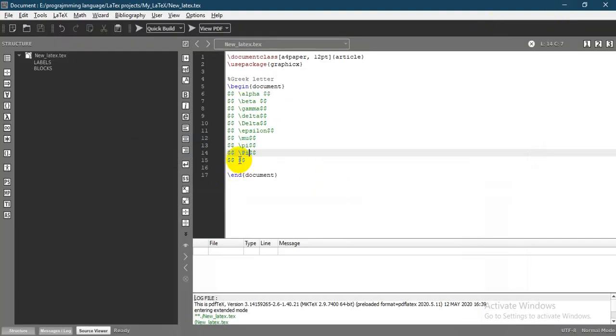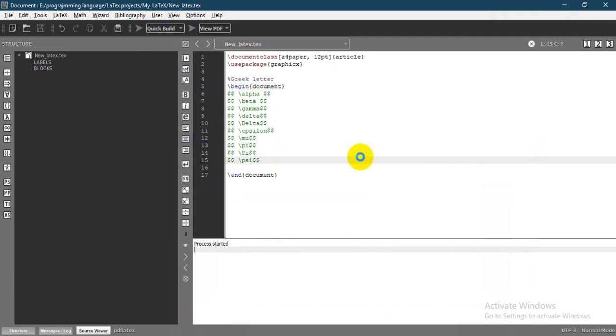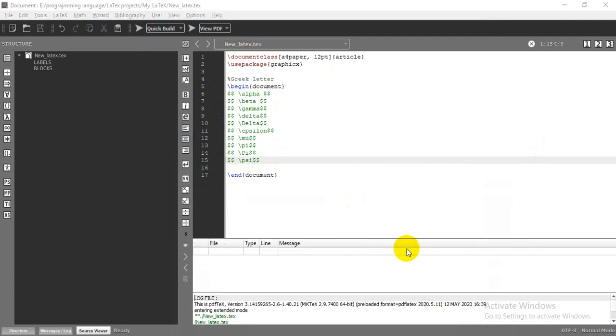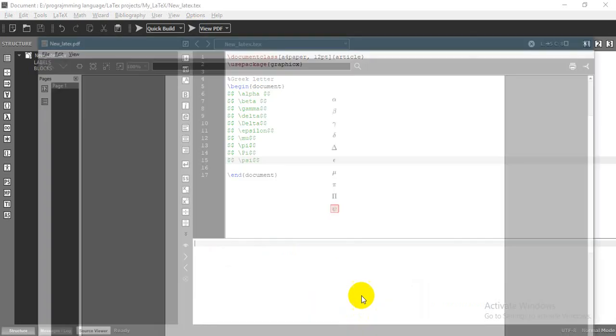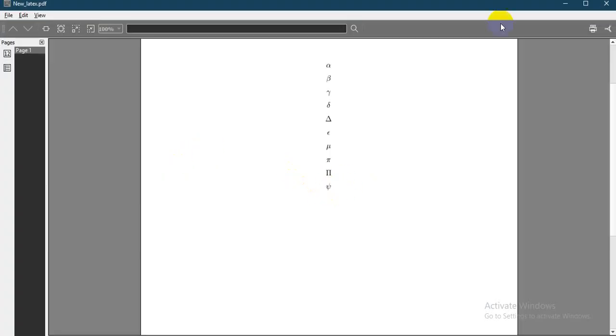So the next Greek letter we can write again is, after pi, we can write, let's say, rho. So we have it written.